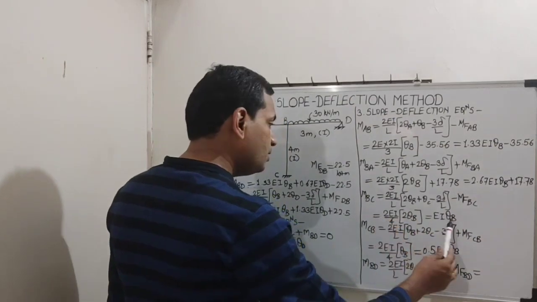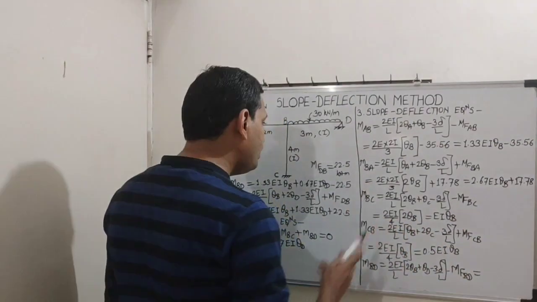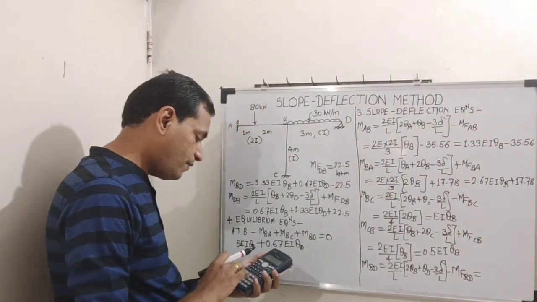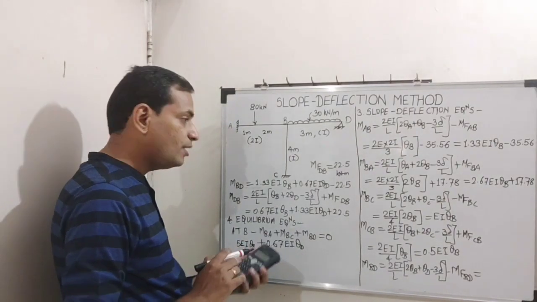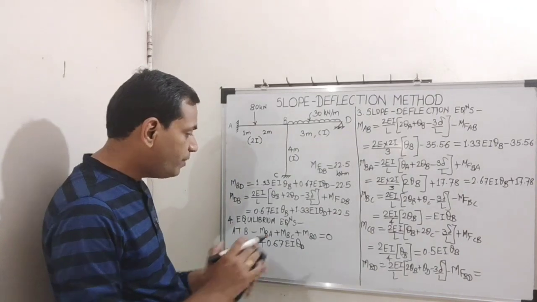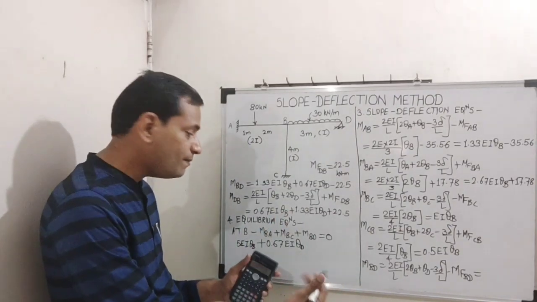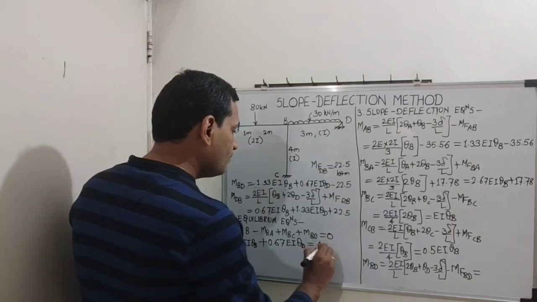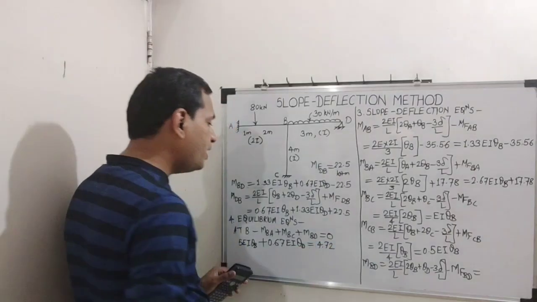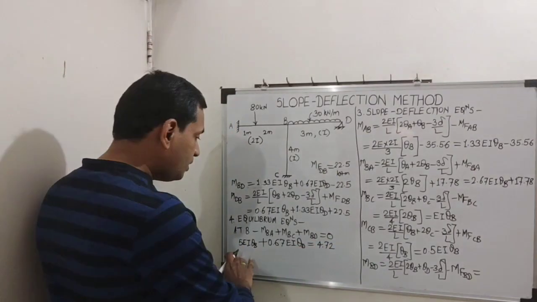In BC there is 0 and then minus 22.5. So 17.78 minus 22.5 is minus 4.72. Bring it on right hand side of the equation, so it will become plus 4.72. Okay, so we have got this one equation.